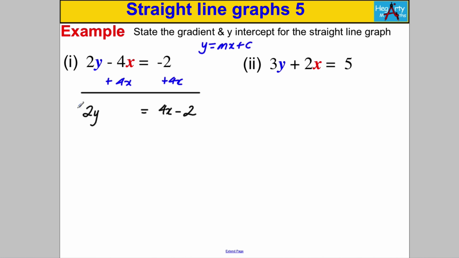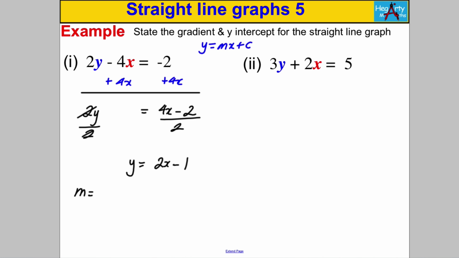Now, how are we going to remove that multiplying by 2, 2y? To undo that, I'm going to divide both sides by 2. And so I can therefore state that y, 2y divided by 2, obviously just cancels that factor of 2 on the numerator and denominator. So y is therefore going to equal... now 4x, we can divide that by 2 separately and get 2x, and negative 2 divided by 2 is negative 1.